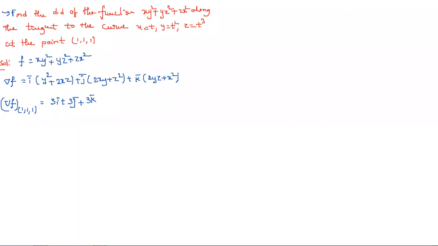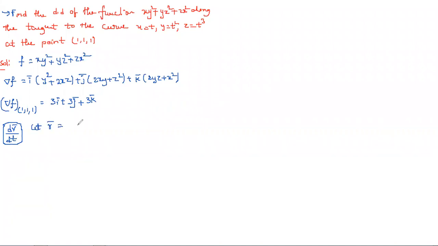Here they give a parametric form. So for that we need to find the tangent of this one. The tangent to the curve is nothing but you need to calculate dr bar by dt. So this is the tangent to the curve at that point. And now first we require r bar. So what is meant by r bar generally?